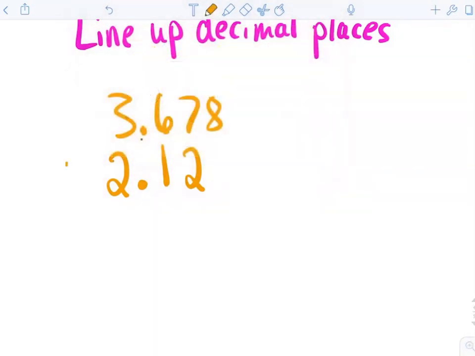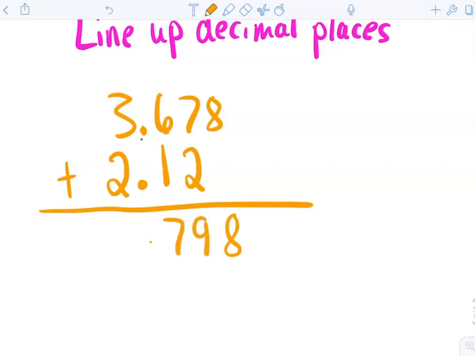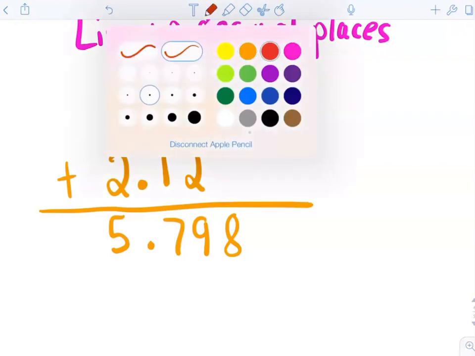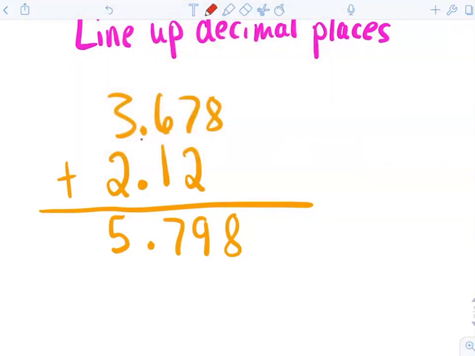Okay? Then we add. So I'm going to do the math. So here we would have 897.5. Now, I'm going to go in here and I'm going to draw a line beside of this 8. So do you see how this 8 right here doesn't have a number underneath it? Okay, that means that it has one more decimal place than the number below it.